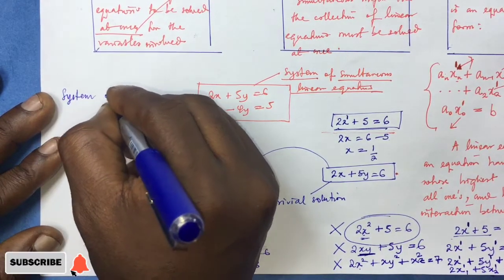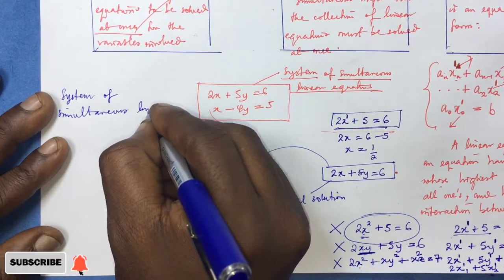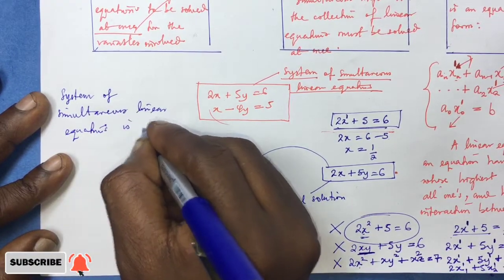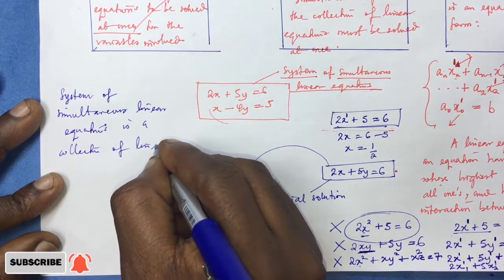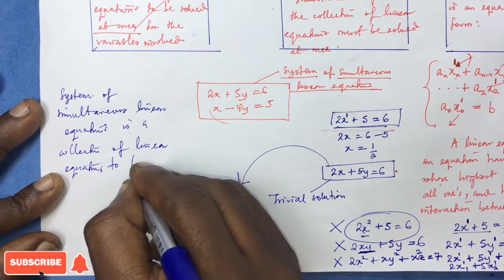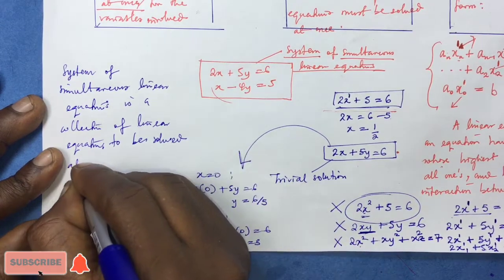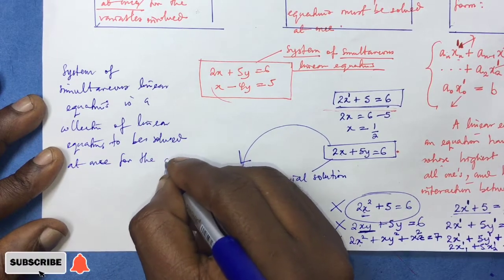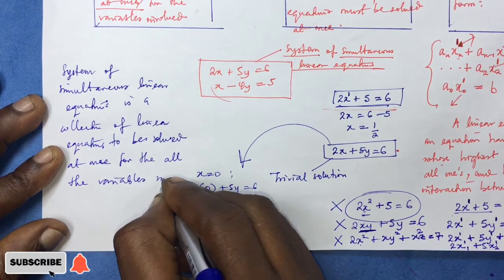A system of simultaneous linear equations is a collection of linear equations to be solved at once for all the variables involved in the system.